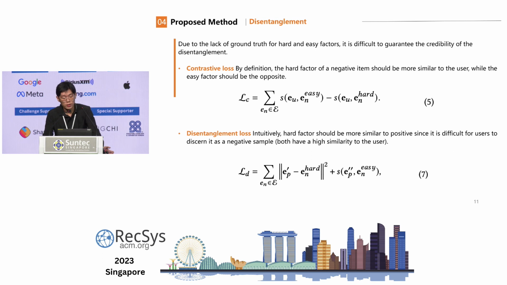By definition, the hard factor of a negative item should be more similar to the user, while the easy factor should be the opposite. So we design equation 5. And for the disentanglement loss, intuitively, the hard factor should be more similar to the positive, since it is difficult for the user to discern it as a negative sample. Both of them have a high similarity to the user, so we believe they also have high similarity to each other.